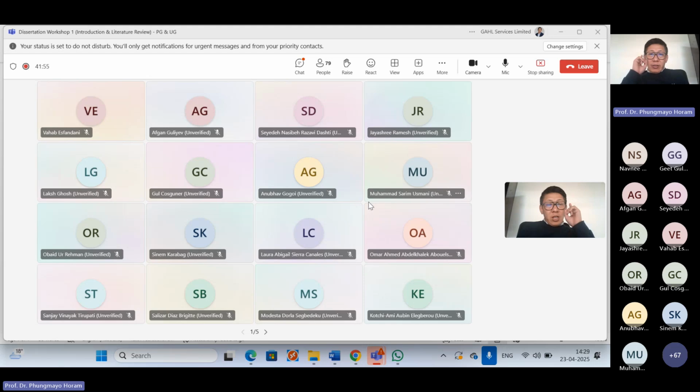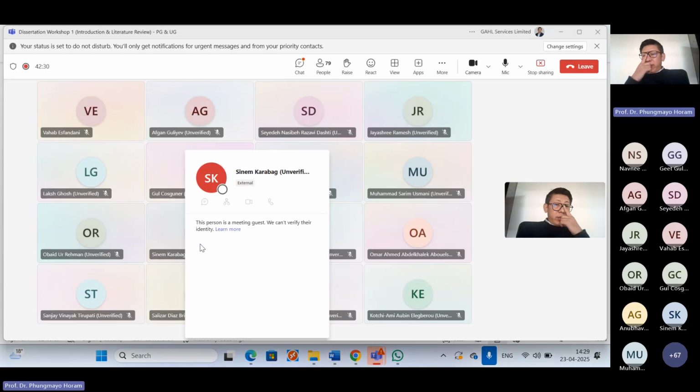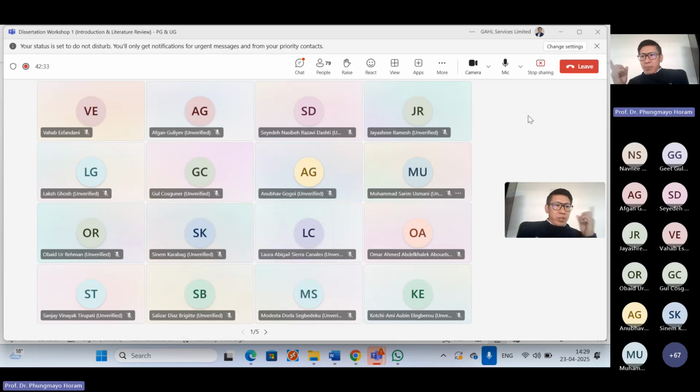So once you have decided the field that you want to explore, the second part is the sector or the industry or case study.